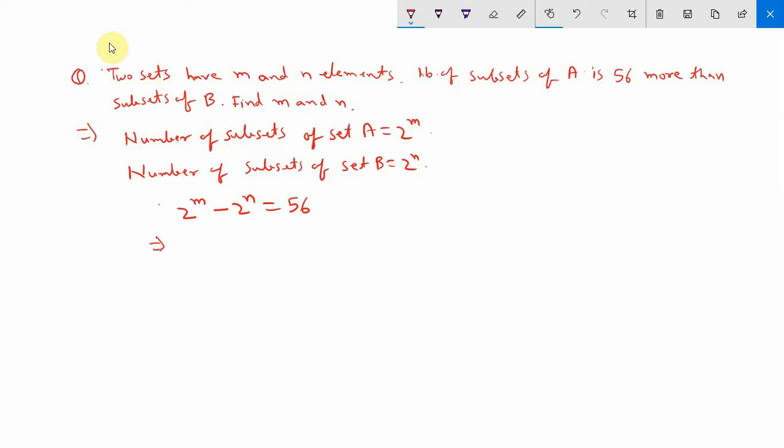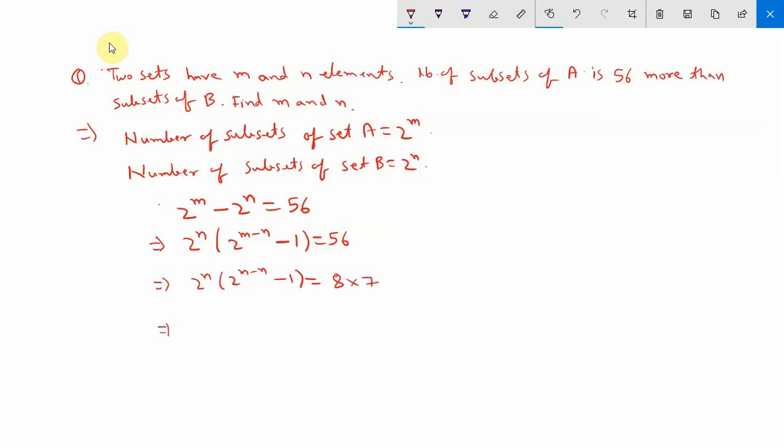See, as the number of subsets of A is more, we can notice that m will be greater than n. So we will take 2 to the power n as common. So 2 to the power n into (2 to the power m minus n, minus 1) is equal to 56, and this we can write as 8 into 7.